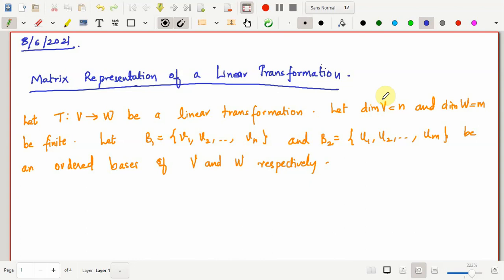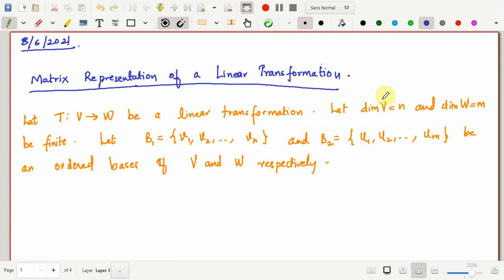In today's lecture, we will be discussing the last section of our chapter, linear transformation. In this particular section, we will learn how to represent a linear transformation in terms of a matrix.